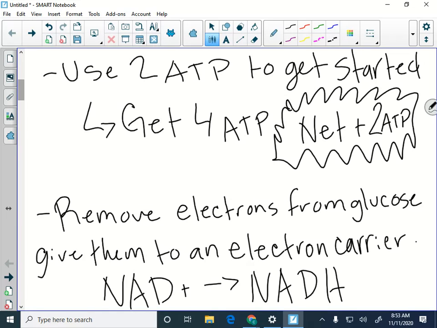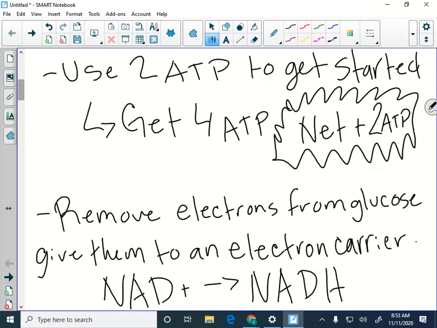This is where it gets a little alphabet soupy, because NAD plus and NADH are for cellular respiration. NADP plus and NADPH are for photosynthesis. The way I remember it is the one with the P is for photosynthesis. Photosynthesis starts with P. So if it's got a P in our electron carrier, it's for photosynthesis. If it does not, it is for cellular respiration.